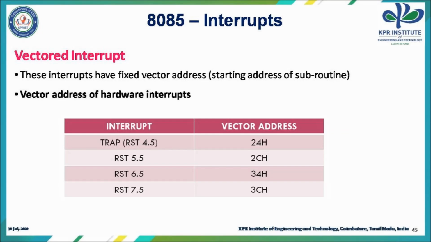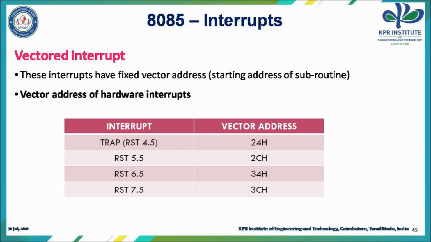The next classification is vectored and non-vectored interrupts. The vectored interrupts are those which, when accepted by the processor, automatically jump to a specific vector address. If it jumps to a specific vector address, then it is called a vectored interrupt. The hardware interrupts except INTR are vectored interrupts.